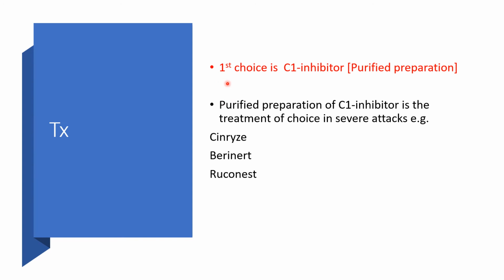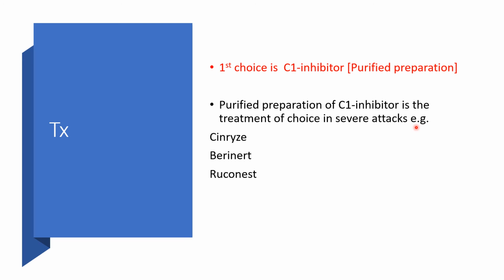The first choice of medication to use here is C1 inhibitor, that is, a purified preparation. So, purified preparation of C1 inhibitor is the treatment of choice in severe attacks. Why that? The core of bradykinin-induced angioedema, that could be hereditary angioedema, is because we are likely dealing with low C1 inhibitor level or C1 inhibitor dysfunction.